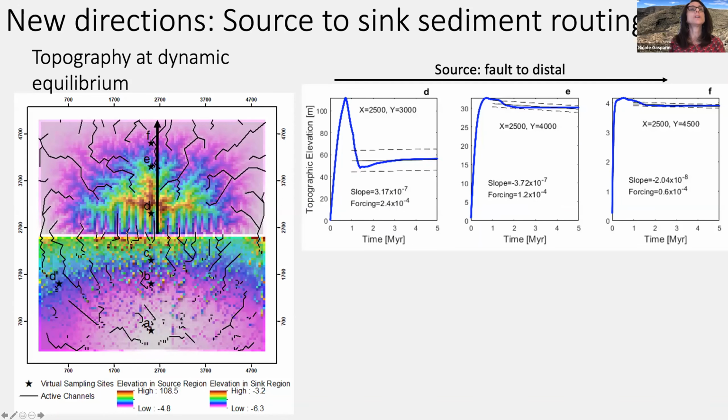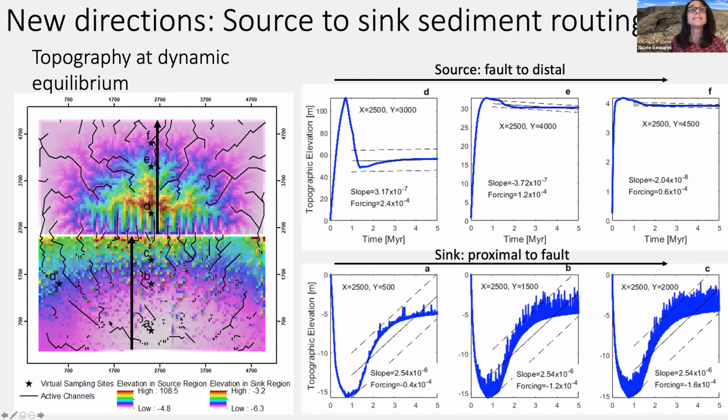If you just look at the elevation time series at these 3 points, going from fault to distal, what you can see is after some time, the elevation levels off and you reach a dynamic equilibrium. When you look in the sink, the same thing happens, but you see a lot more variability. So even though the system has reached an equilibrium, there's still changes in elevation.